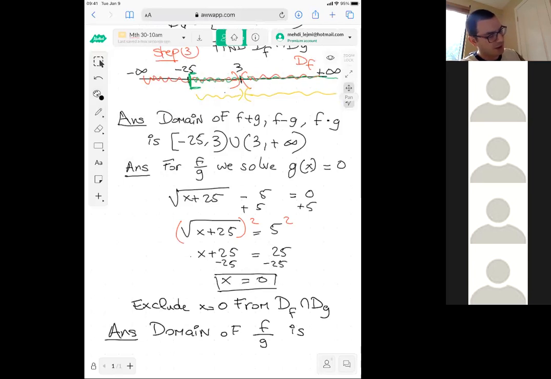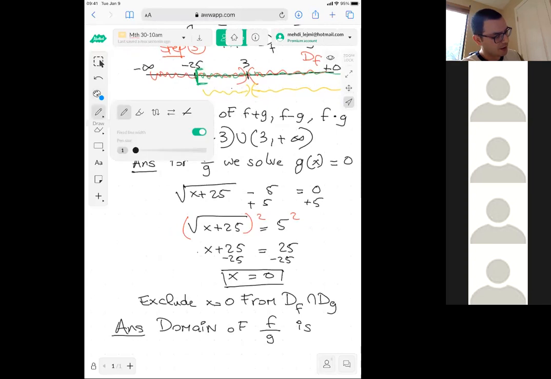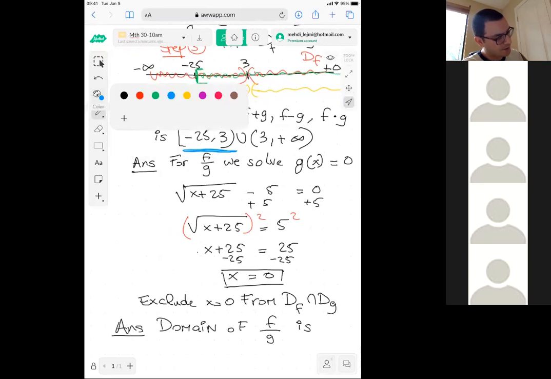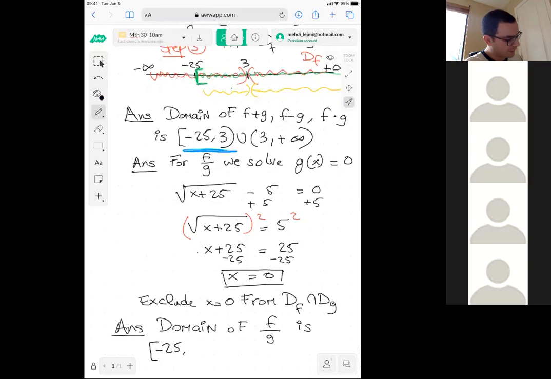So 0 is between negative 25 and 3, right? So then we're going to have negative 25 to 0, 0 excluded, then 0 to 3, both excluded, union with 3 to positive infinity.